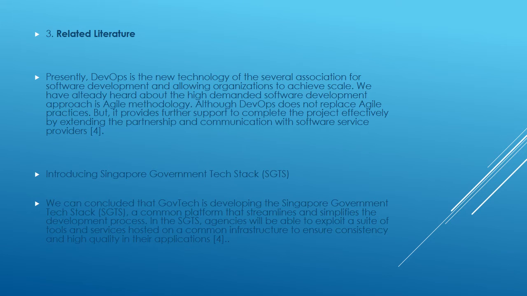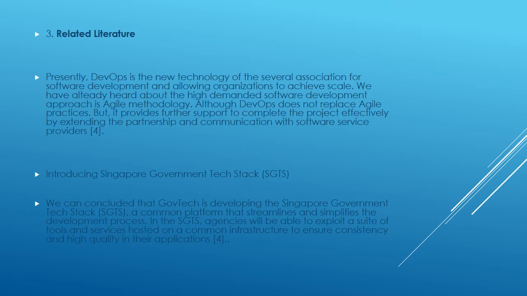Next, we will talk about the related literature for that type of technology. DevOps is the new technology, an association of several software development practices, allowing organizations to achieve scale.